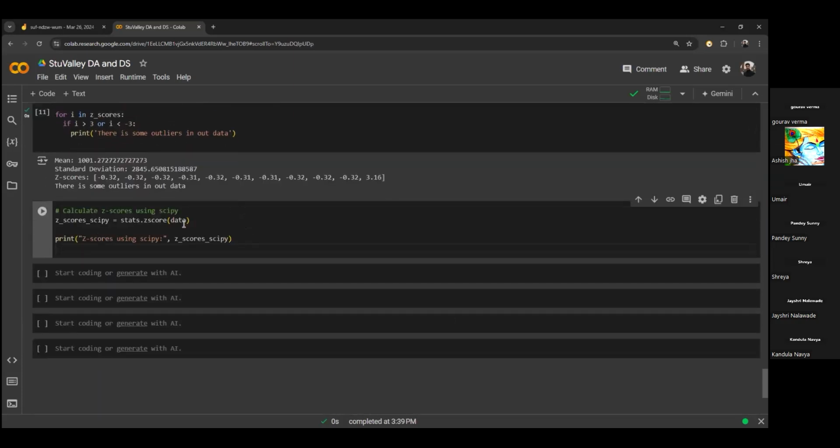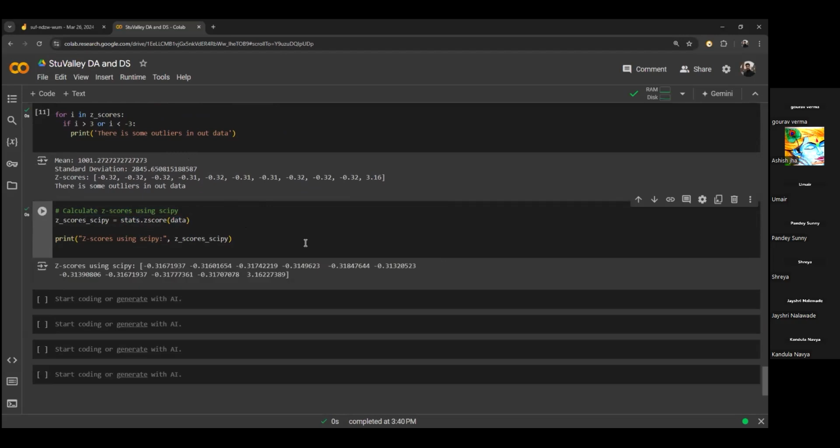Simplest thing is we can say कैलकुलेट जेड स्कोर यूजिंग scipy. scipy में हमारे पास स्टैट्स के अंदर एक ऑलरेडी बिल्ट इन फंक्शन है, ठीक है, आपको इतना मैन्युअली करने की जरूरत नहीं है, वी हैव बिल्ट इन फंक्शन, याद रखना, यू हैव टू यूज इट इन द फ्यूचर. जेड स्कोर scipy, अपना डेटा पास किया तो आपको डेटा ऑलरेडी वो बता देगा कि यहाँ पे यू हैव द आउटलायर्स और नॉट. सी 3.16, दिस इज आउटलायर्स, कैलकुलेट कर देगा वो सबका आपका जेड स्कोर, ठीक है, बाकी आप देख लेना कि उसमें आउटलायर है कि नहीं.